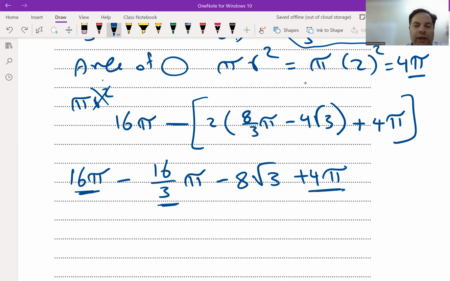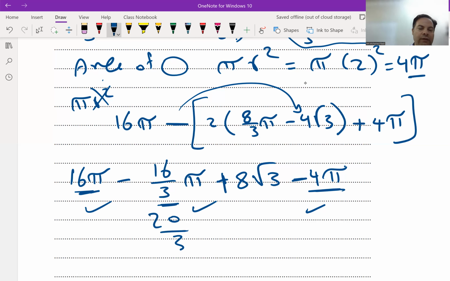When we multiply 8 over 3, it's a negative sign, but negative times a negative is positive. I forgot this part, and negative times a positive will be negative. Now, we'll add all the like terms: 16 pi minus 16 over 3 pi and minus 4 pi. So the answer will be 20 over 3 pi plus 8 root 3. This is the exact value.